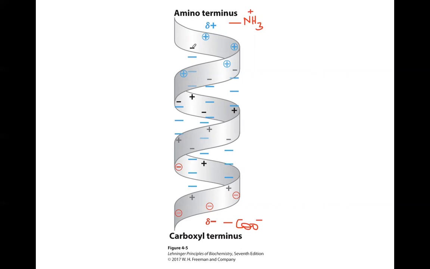And so what that means is that, let me write this down. Since there is a charge separation, you want to position positively charged amino acids around the carboxyl terminus and negatively charged amino acids around the amino terminus. So they will stabilize this charge separation, or the helix dipole. Okay, let me write this down.